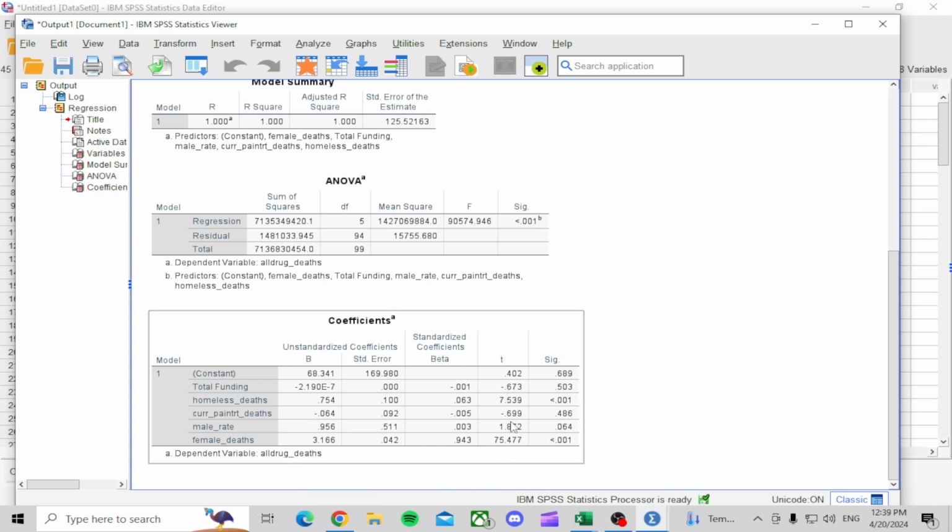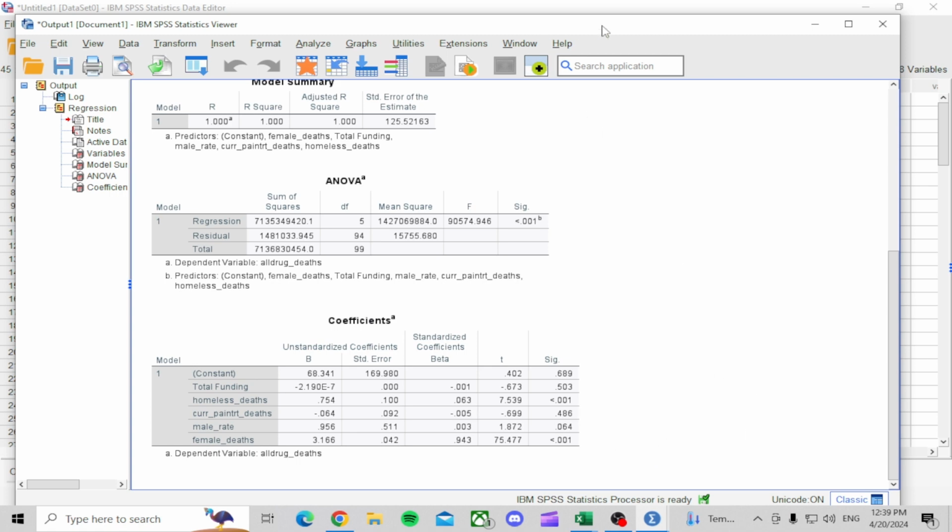We have our test statistic for each one here. And here is our p-value as our significance. If we look, we'll see again, funding is over 0.05. Our homeless, again, is significant, under 0.001. And we have our females, which are also under 0.001. So these two are significant.